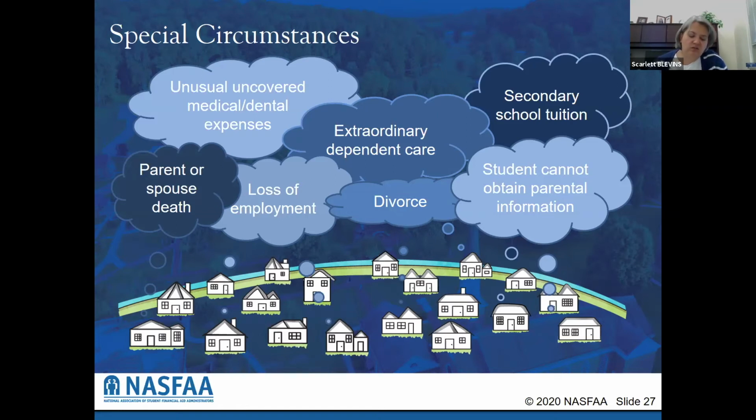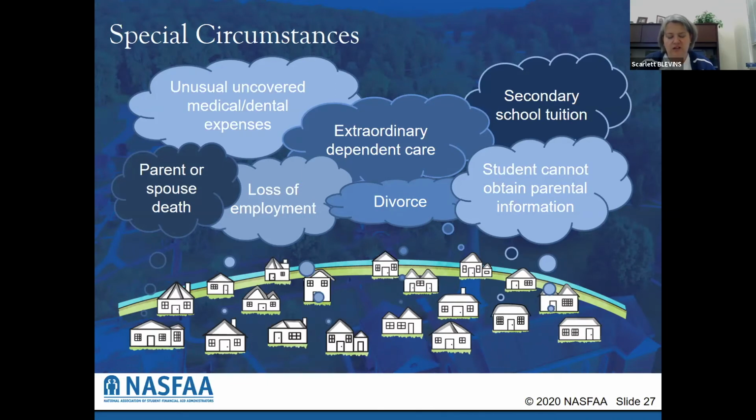Unusual medical bills not covered by insurance. That's a big one sometimes because it's unexpected. A lot of times you're not expecting medical bills, and that usually occurs, hopefully, if at all, maybe once while a student's in school. Hopefully that wouldn't happen a whole lot. Changing the parents' marital status.